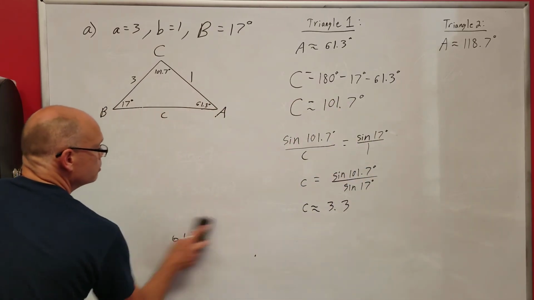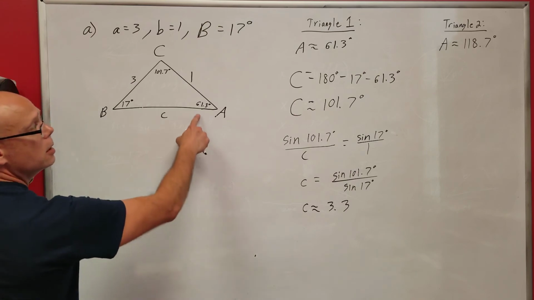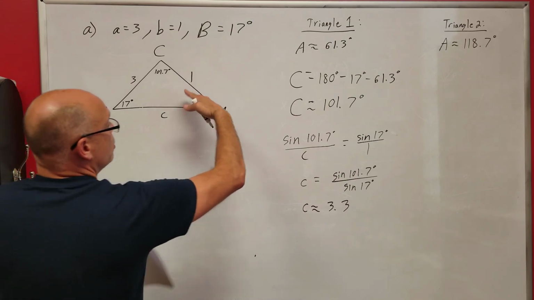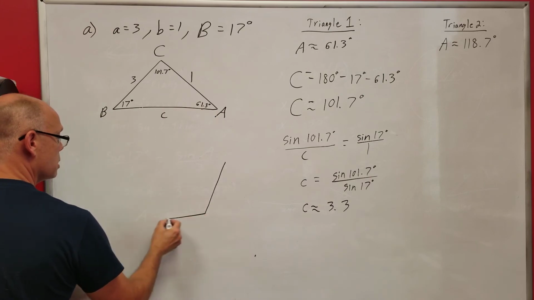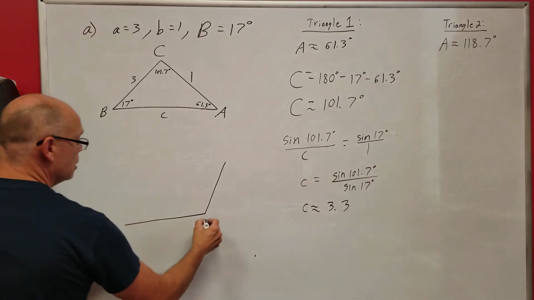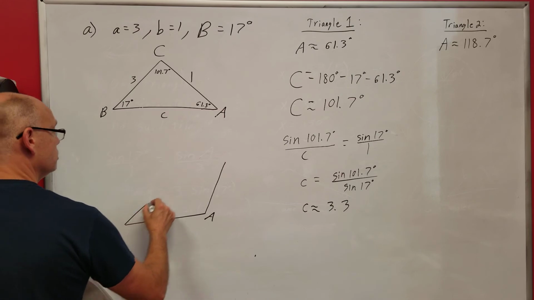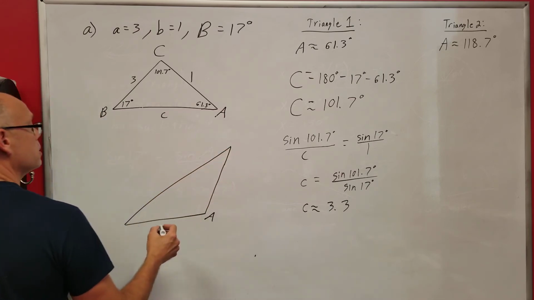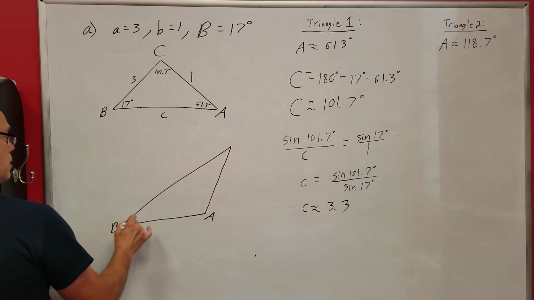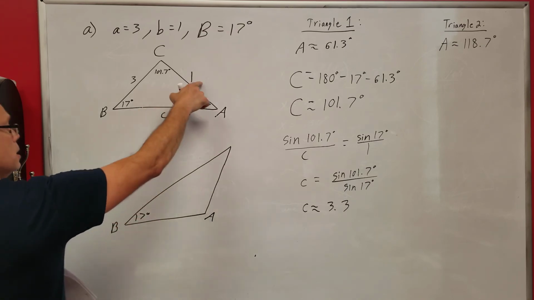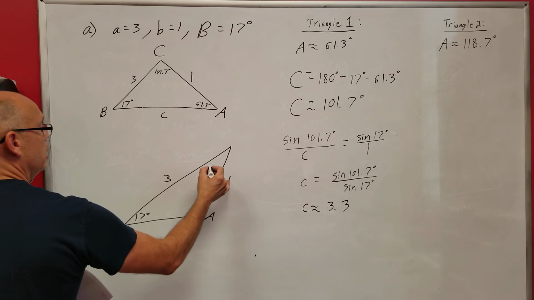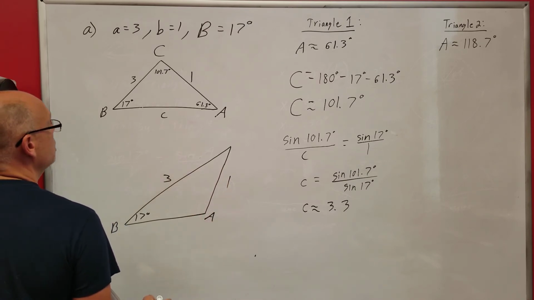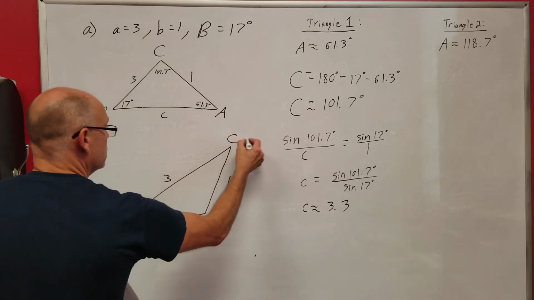If A is 118.7, it's greater than 90, so it's going to be an obtuse angle, right? Angle A is going to look something like this. That's angle A. And what else do we have here? We called this B, which was 17 degrees. We said 1 was opposite of it. We said this was 3. And I think that's all we had, and C and c, right?